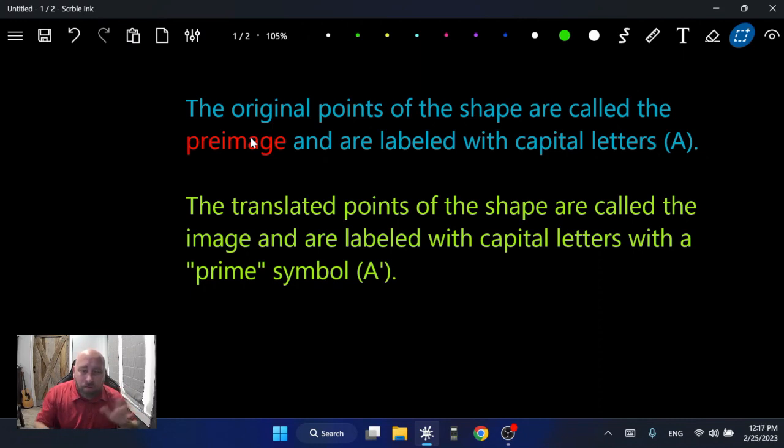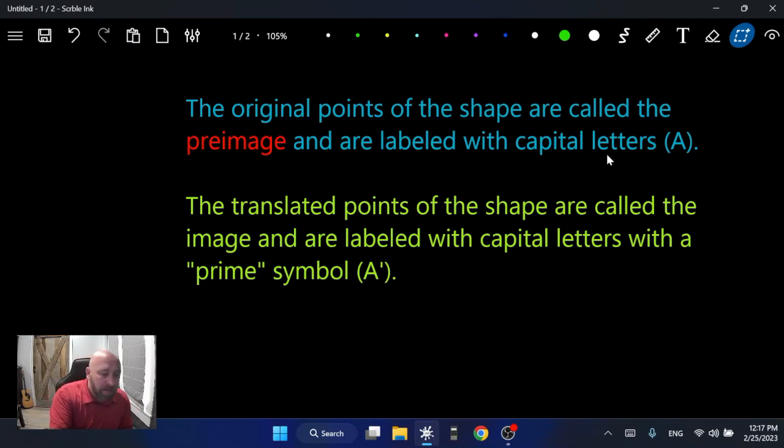When they give you a problem, whatever they give you, that is the pre-image. Now, the other thing that's important here is that we label them with capital letters. So we're going to use A, B, C, D, whatever it is, capital letters, just the letter, okay? And that will tell us which point is which.